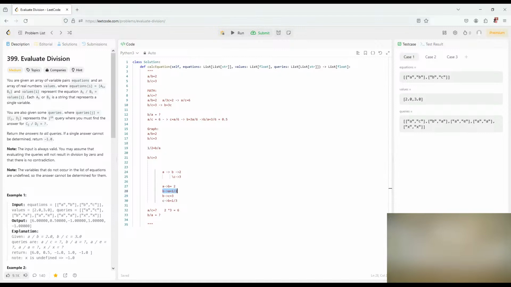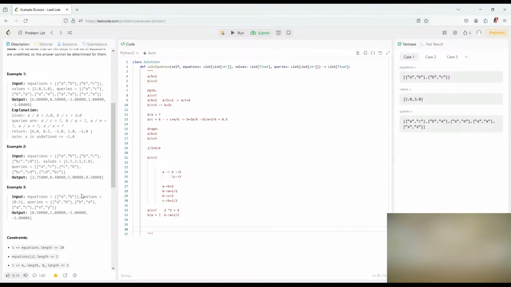Wow, okay. B to A is equal. So we got it. We're just finding paths, and the weight on the path will be multiplication, as the opposite of dividing. Okay, this is really cool. Let's try another example. Amazing. This is amazing. Okay. Let's go here.